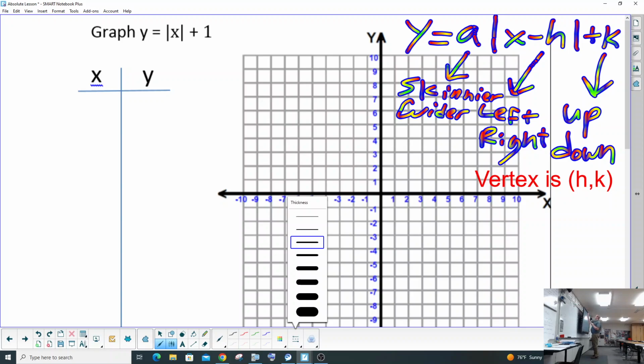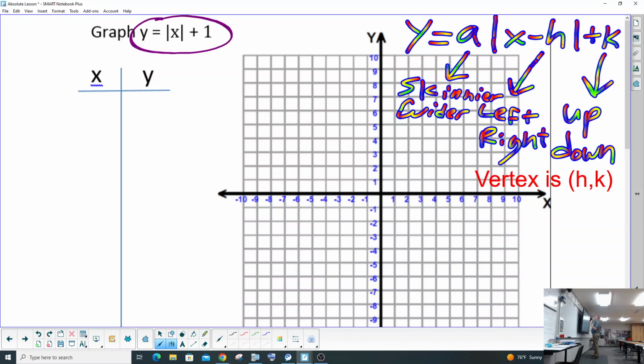So we're going to look where it says the graph of y equals the absolute value of x plus 1. Here's our standardized function for absolute value: y equals a times the absolute value of x minus h, plus k.